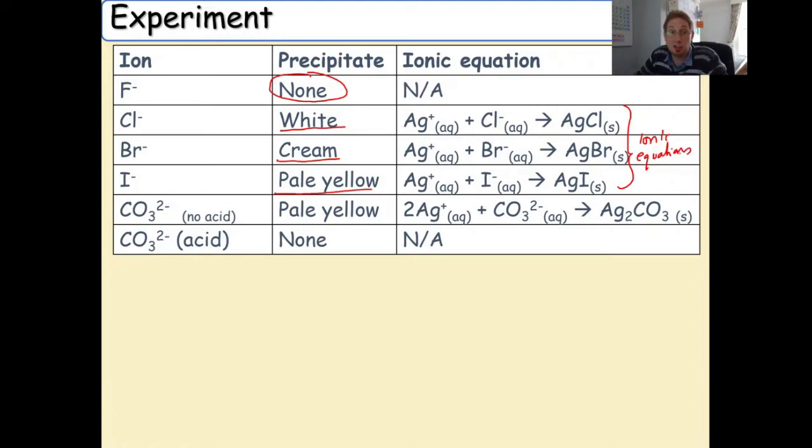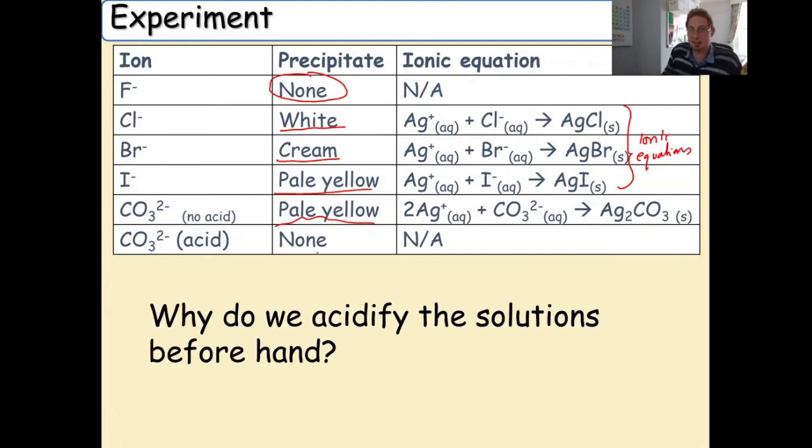Something that they do mention quite a lot is why do we need to acidify this? And that's because silver will react with the carbonate ion to give silver carbonate precipitate, which is also a pale yellow or cream colour. So we acidify it because if there's any carbonate ions and we add protons, that will give us carbon dioxide gas and water.